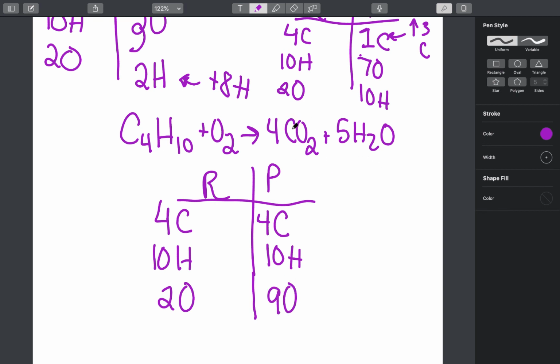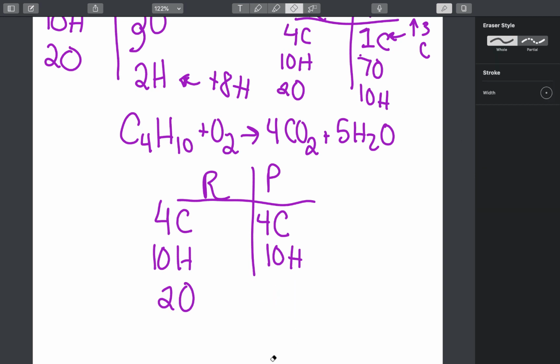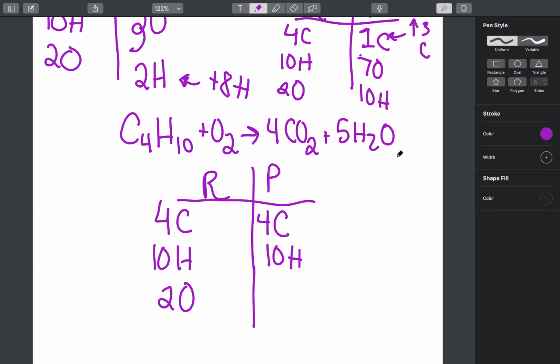So 8, no, that's not right. That's not math. So let's do the correct math. So we have 8 from the CO2 and 5 from the water. So therefore 8 plus 5 equals 13 oxygens. So 8 and then 5, so 13 oxygens.